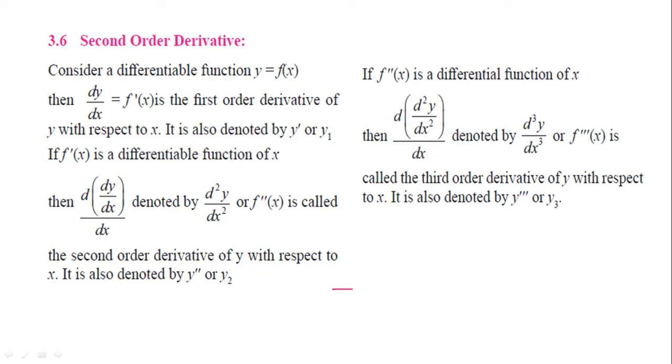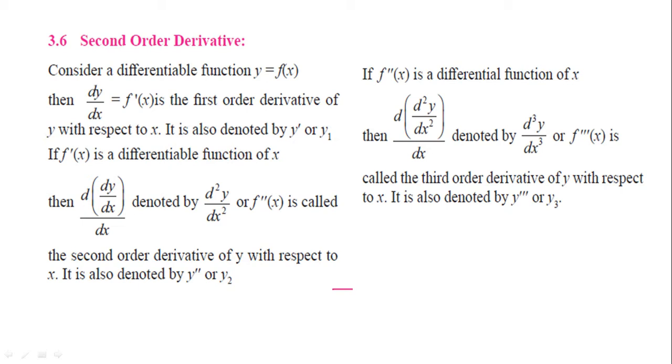So you can continue this process again and again n times. Okay, first order derivative, then second order, then third order, and so on up to nth order. But for our syllabus only the second order derivative is included. Means first you take the derivative of the given function and again you differentiate that with respect to x, and then you will get d square y upon dx square.